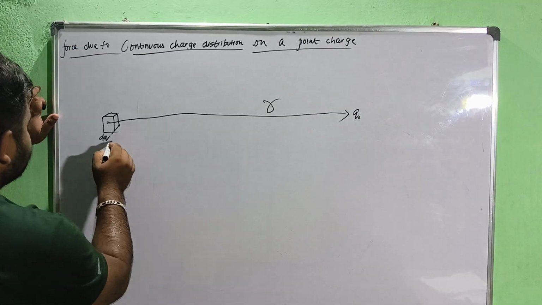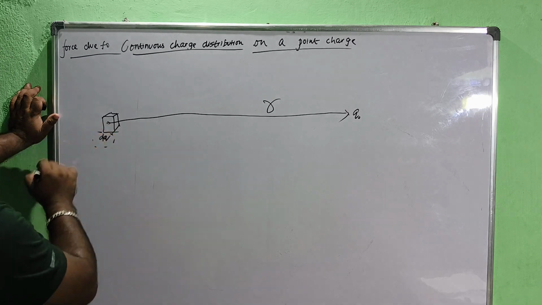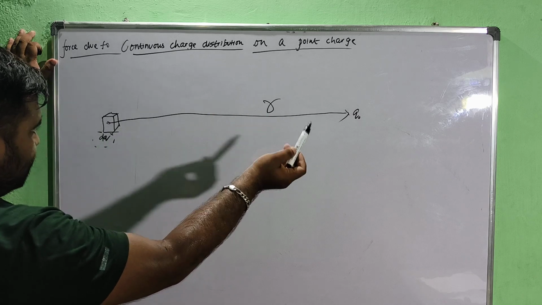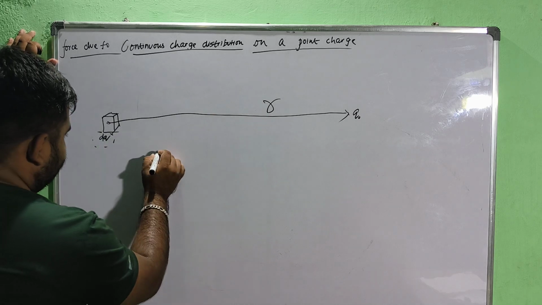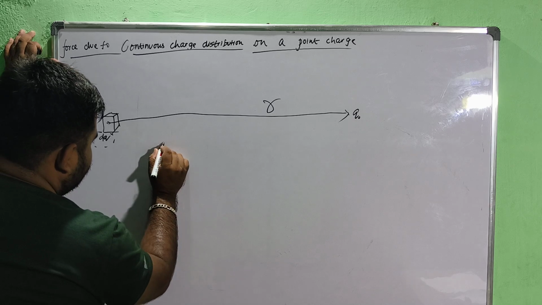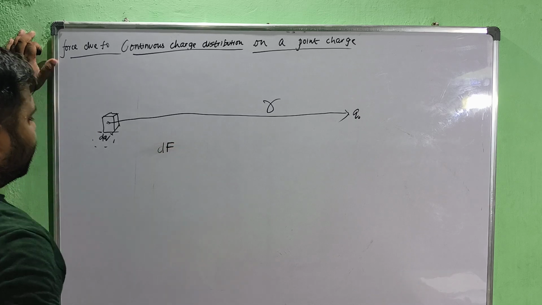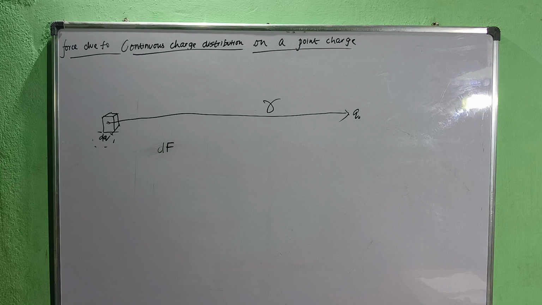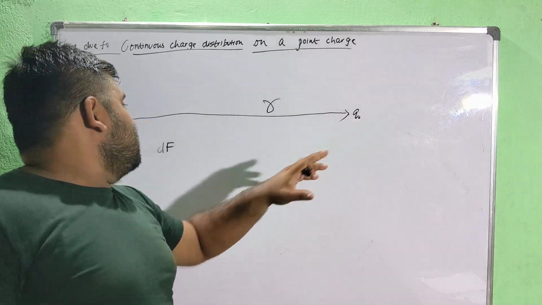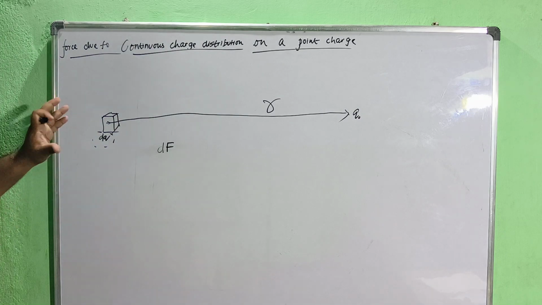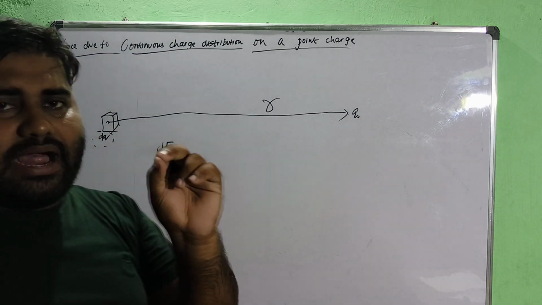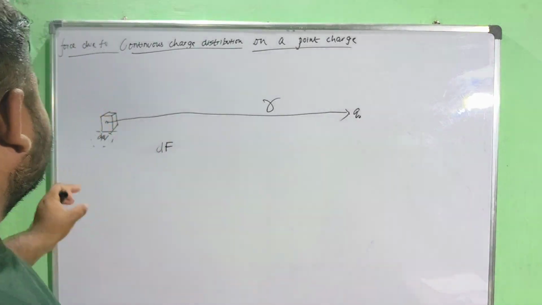For this dq, we consider that the force acting on Q naught is df. So df is the amount of force acting on the point charge Q naught due to a small fraction of the large charge, that is dq.